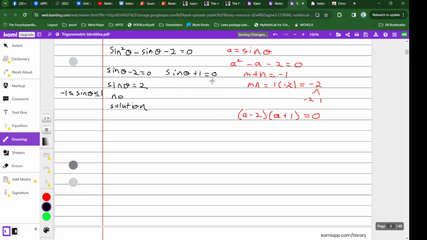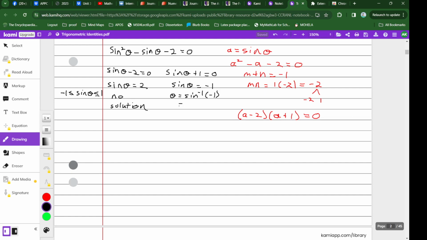Okay, over here, we now have sine theta equals negative 1, and that means that theta equals sine inverse, or arc sine, of negative 1.